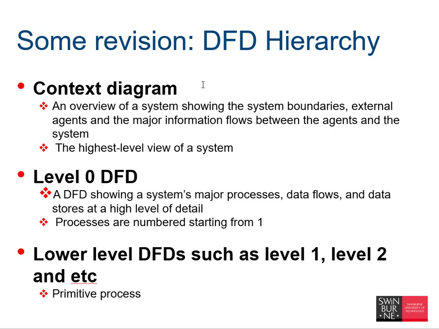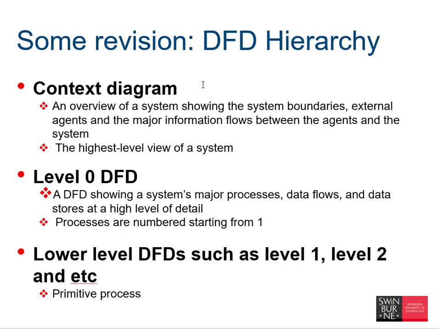The external agents are the people or any other subsystem or any other organizational entity, external or internal to the organization, whose activities do not come under the scope of our system. That is how we define the external agents. These external agents supply information to our system, and also receive information from our system.